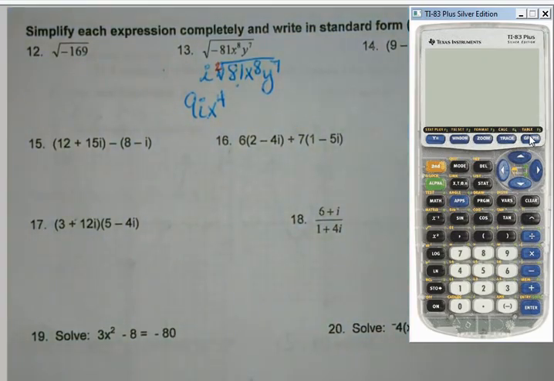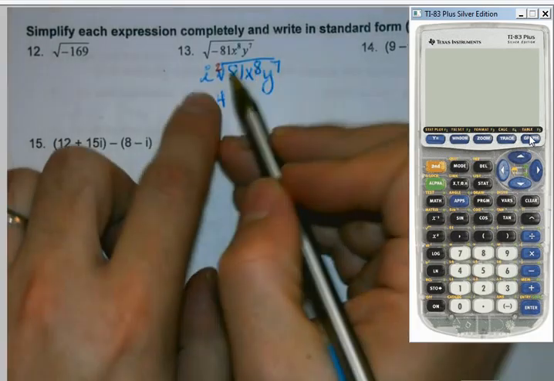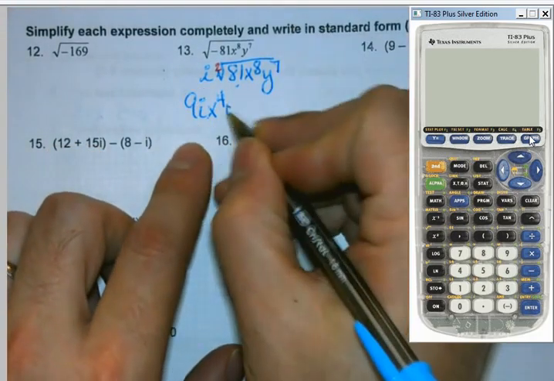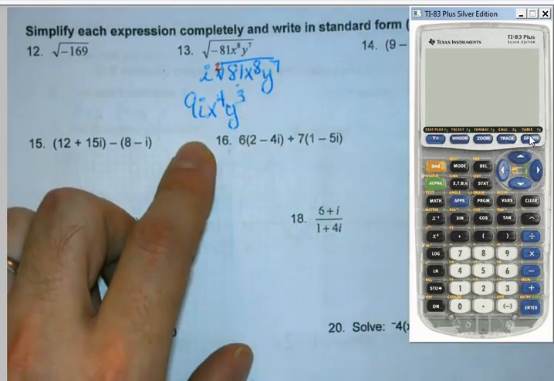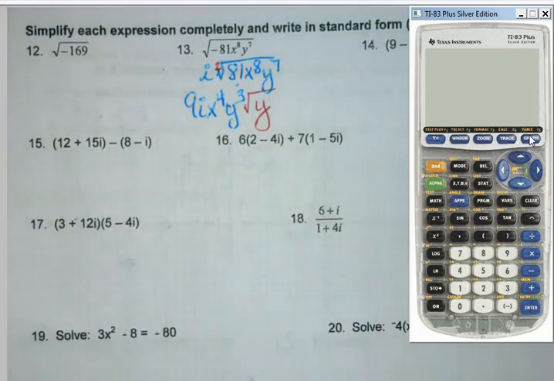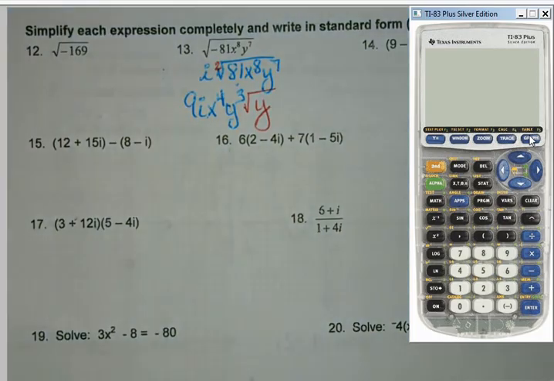However, when I get to the y, how many full times will 2 go into 7? 3. Do I have any remainder this time? I have 1 left over, so the leftover stays under the radical. It looks weird, I know, but that's the answer. That's as far as we can break this one down.